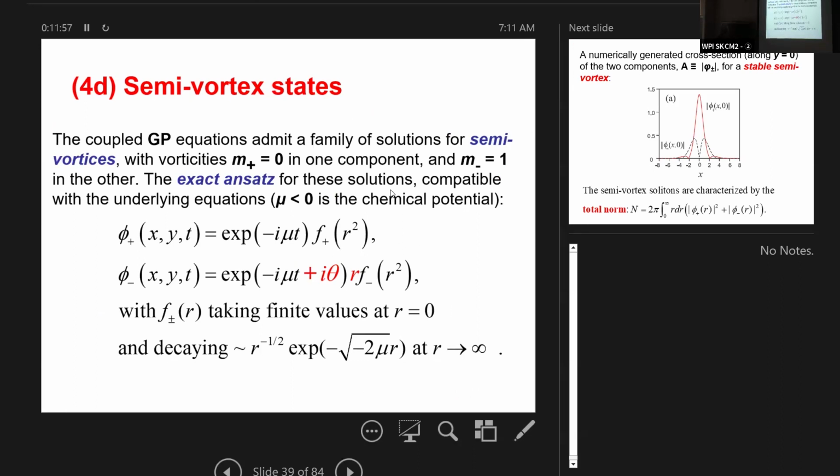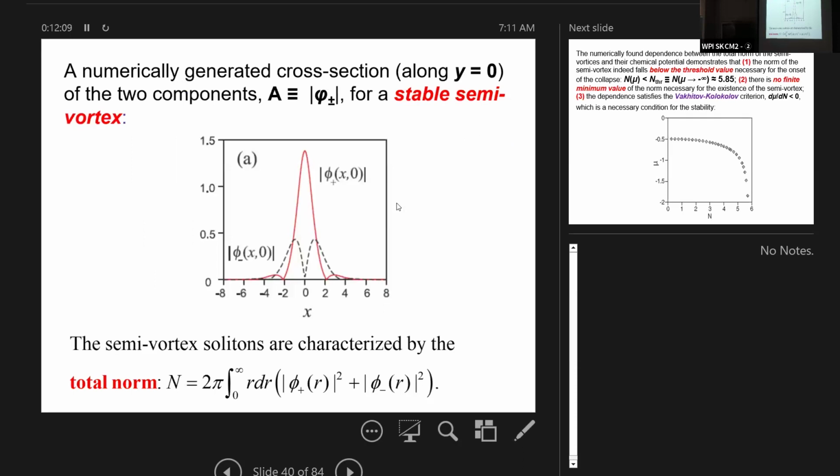So these solitons are called semi-vortices. Why semi-vortex? The reason is quite obvious, because in one component it has 0 vorticity, in the other component it has vorticity 1. So this is a typical example, the cross-section of this radial wave function. This larger wave function with the maximum at the center represents the 0 vorticity component, and the dashed line which vanishes at the center naturally represents the vortical component.